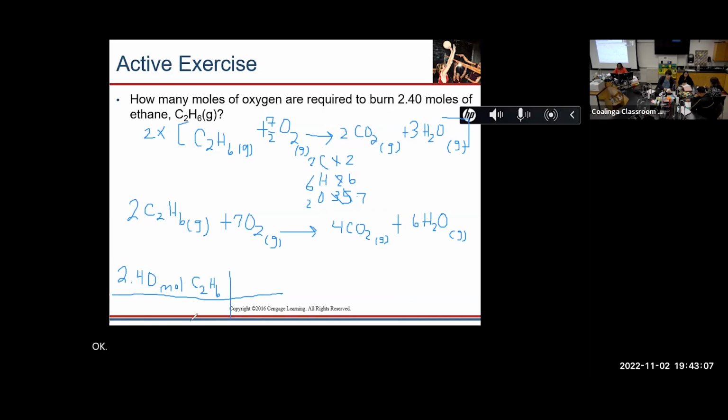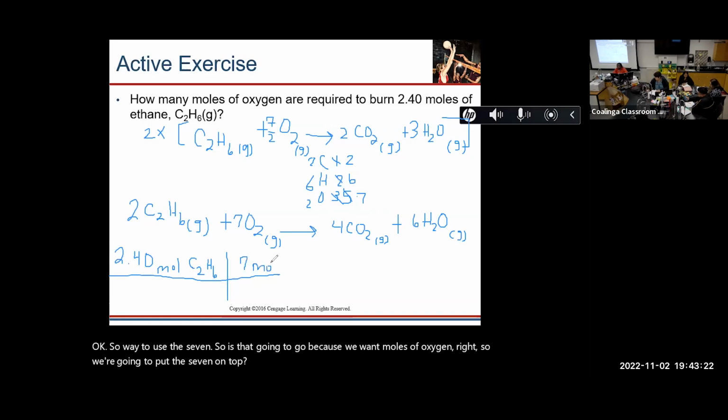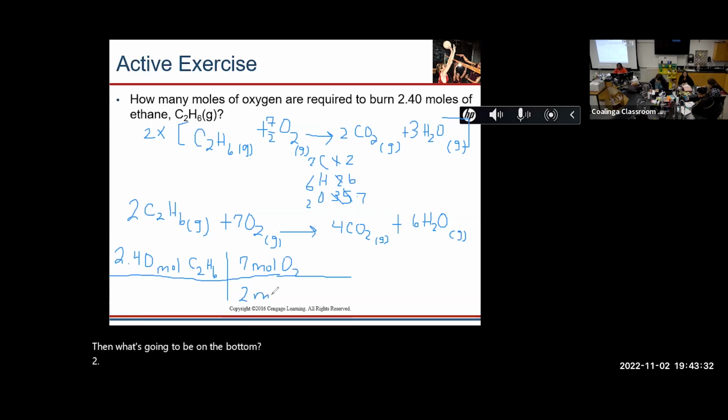Would we use the 7? Okay. We want moles of oxygen, right? Yeah. So we're going to put the 7 on top. Then what's going to be up front? Two. That's 2 moles of ethane.